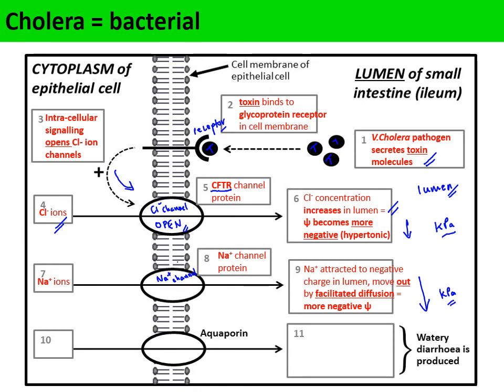Now there is another type of channel protein called aquaporins. When we study the kidney, we know aquaporins are channel proteins that allow the movement of water into or out of a cell. Now water can't simply diffuse out of the cell, because we know water is a polar molecule, and the hydrophobic fatty acid tails of the membrane would prevent the simple diffusion of water out of the cell. So water, because it's polar, has to go through a channel protein called an aquaporin.